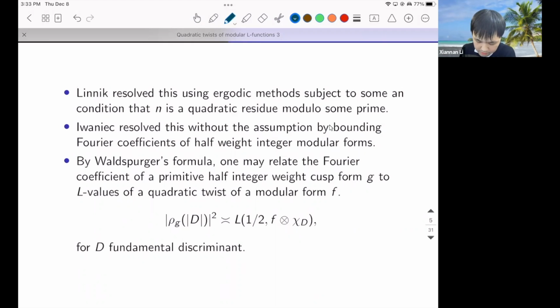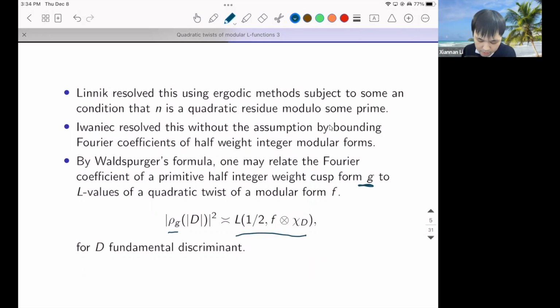I'm going to let g be a half-integer weight cusp form, so primitive. These coefficients we'll call rho_g. The Fourier coefficients of these types of half-integer weight forms are related to the L-values of these quadratic twists. In particular, the coefficient squared is proportional to the value of the L-function at 1/2.